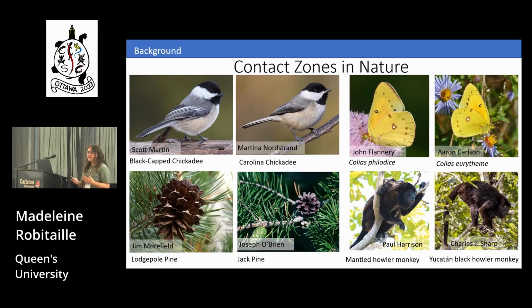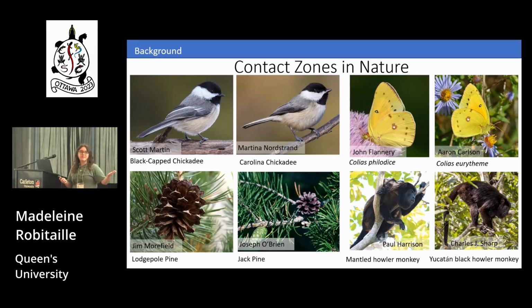Being able to delineate the species at a contact zone and properly map where the contact zone occurs has implications for ecology and evolutionary history. As you can see, closely related lineages can have very similar morphological traits.